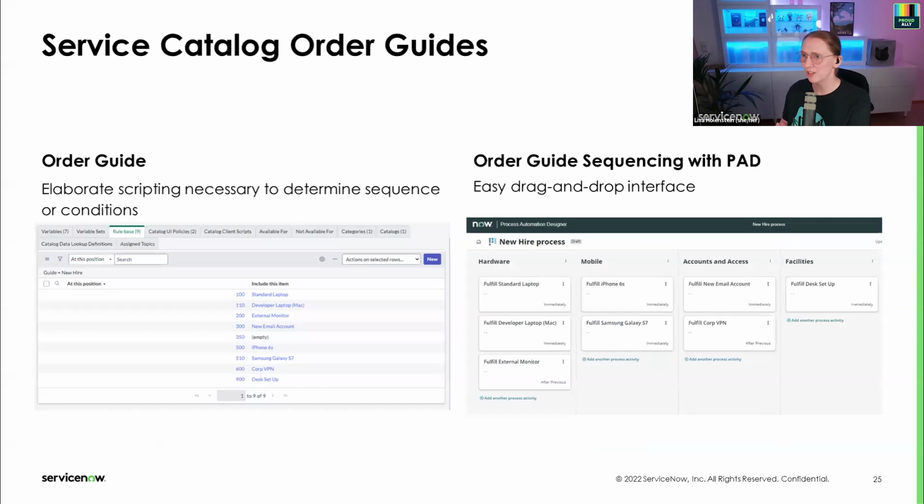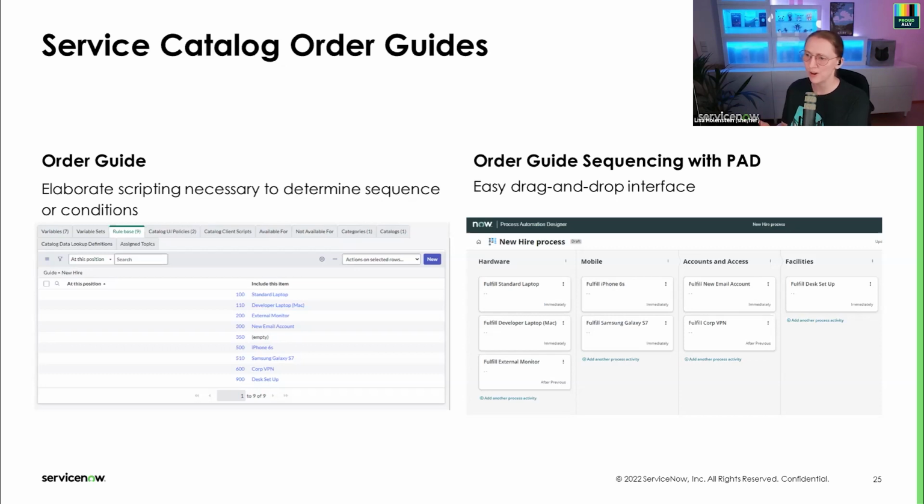One big new feature in San Diego that I really love: I bet every one of you has at some point scripted how to execute order guide items in a sequence so that they don't all run at the same time, because you can't deliver the laptop if the person doesn't have an ID account yet, or you can't do much with your Outlook inbox if you don't have a password yet.